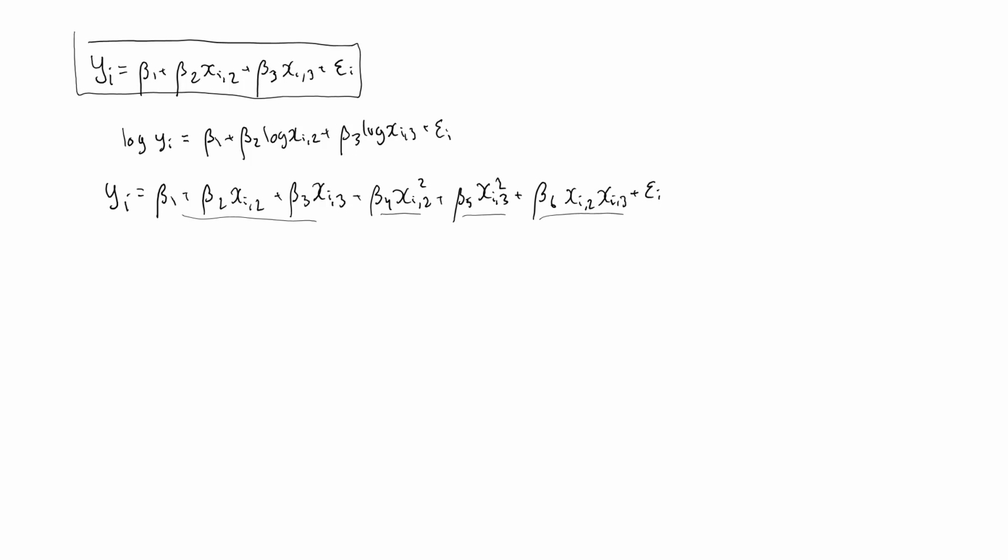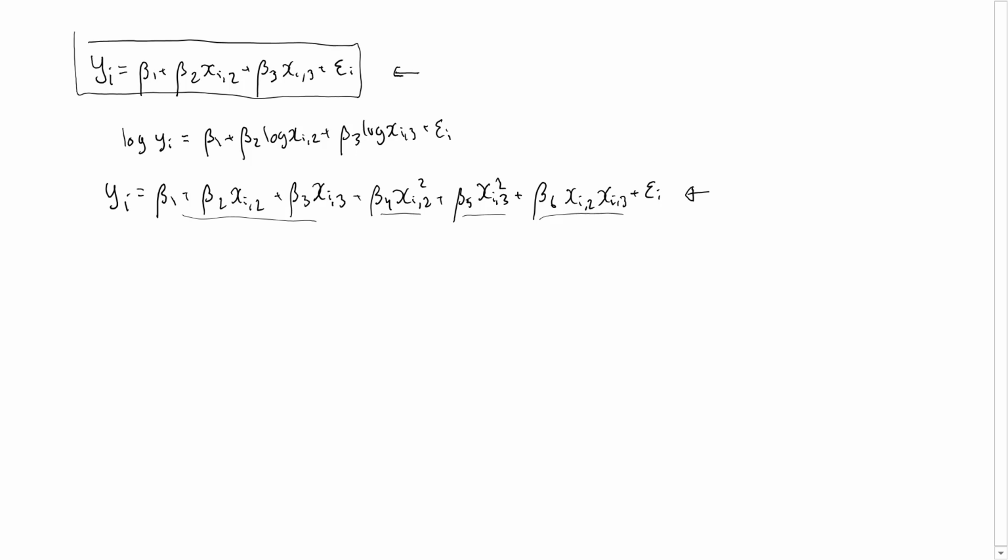So the Ramsey reset test is designed to detect misspecifications like this. If this is, for example, the true data generating process, if the true data generating process is this one with quadratic terms and interaction terms, then our model is what we say misspecified.